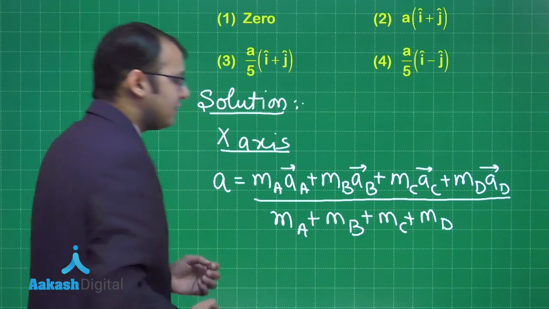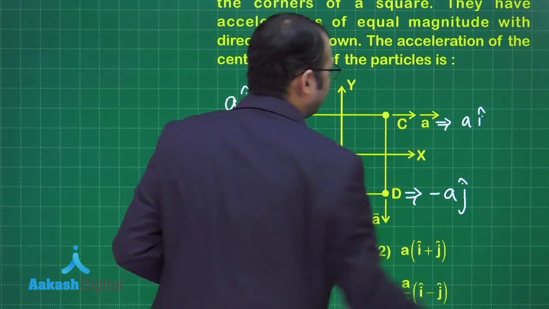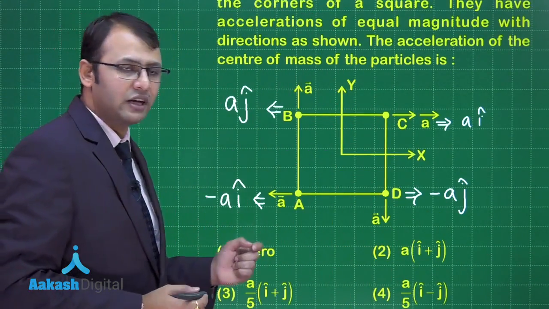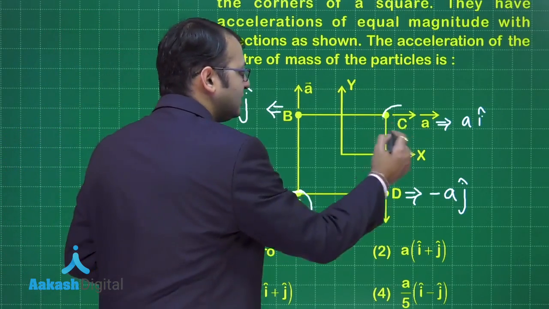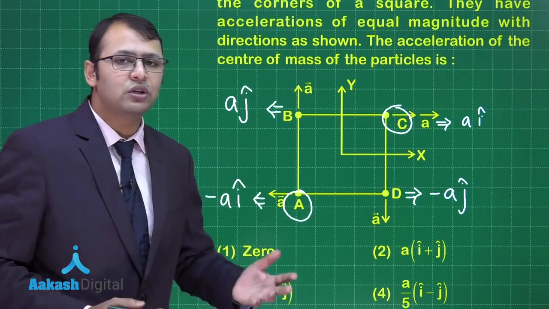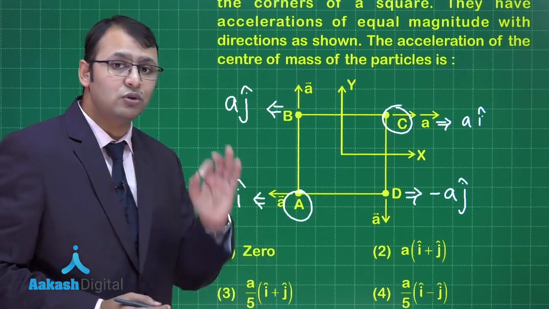Beware that we are talking about only the x-axis. Among the 4 particles, only A and C have acceleration along the x-axis. B and D both have accelerations along the y-axis, so for them, acceleration along the x-axis would be 0.